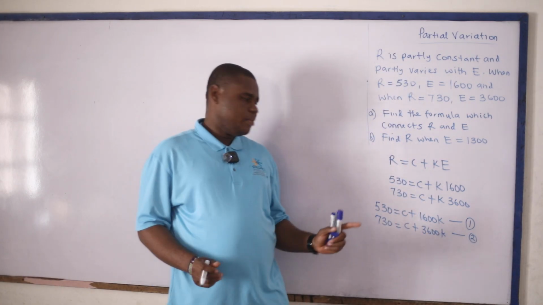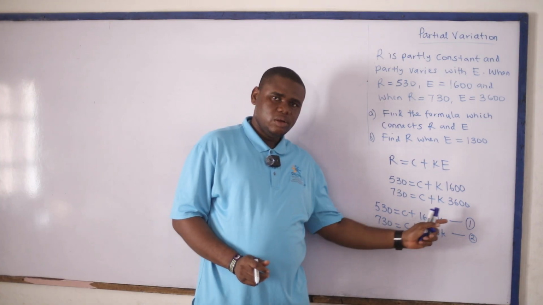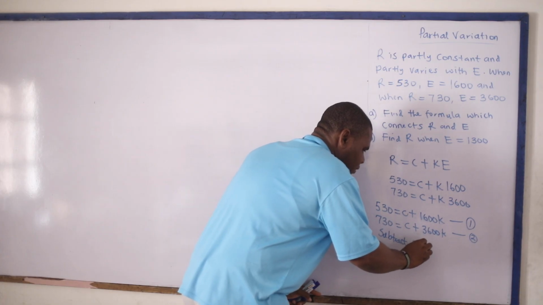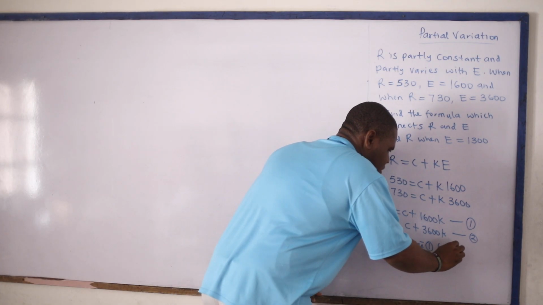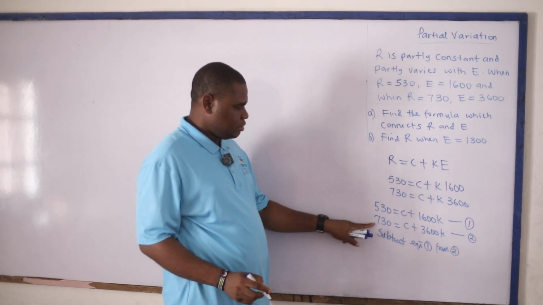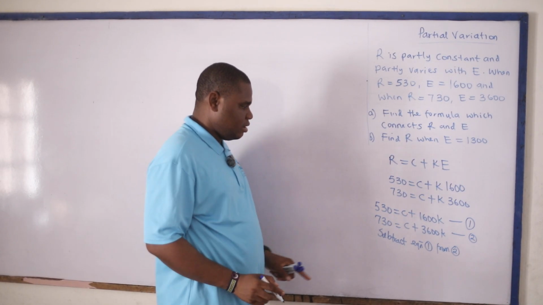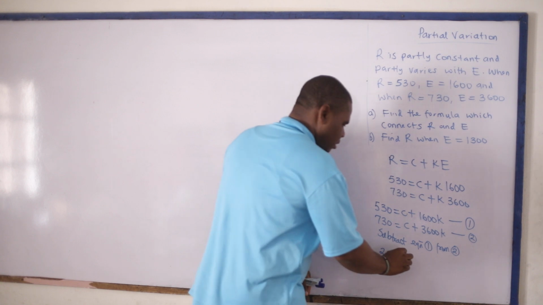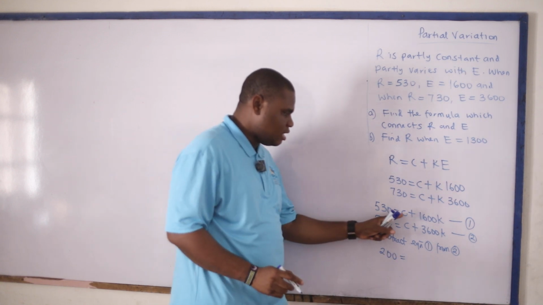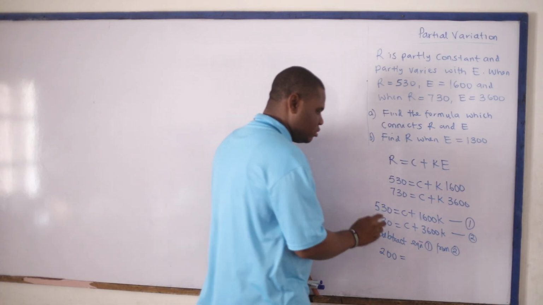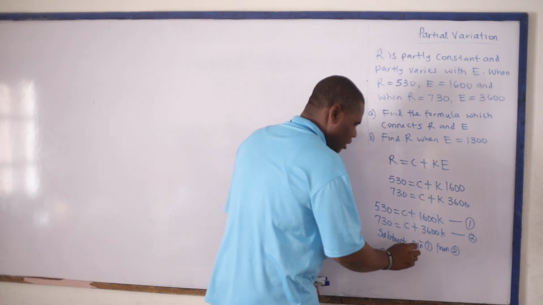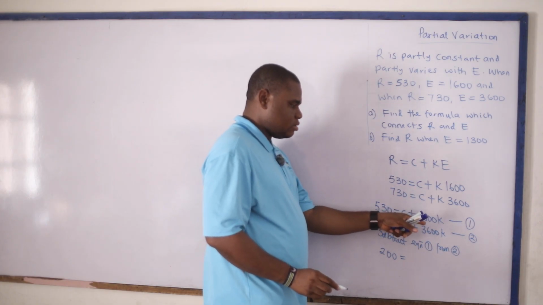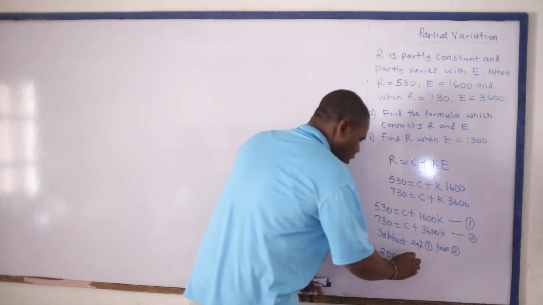In this case, I am going to subtract equation 1 from equation 2. That means 730 minus 530 gives us 200. C minus C is equal to 0. Then 3,600 minus 1,600 gives us 2,000K.